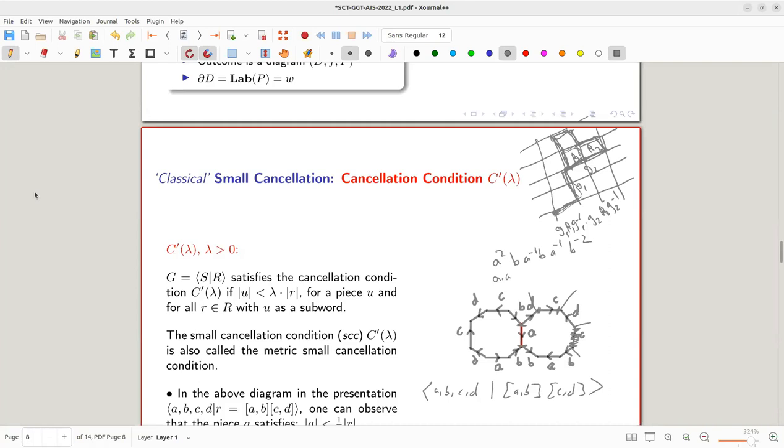Here we have only one relator, and the length of that is 8, right? The length of the relator is 8, and the length of the piece here is 1. So what can I say for this situation? What is the lambda that I can get here?